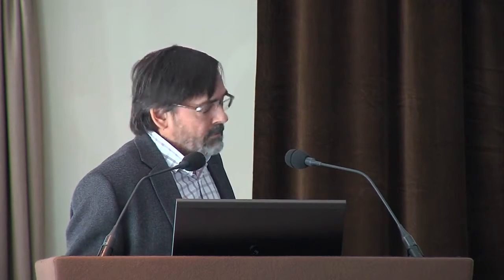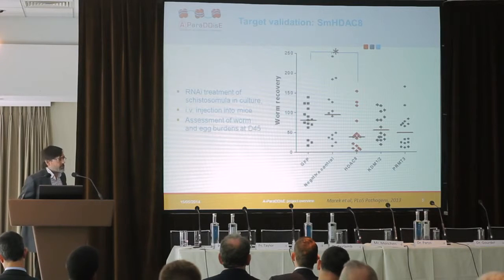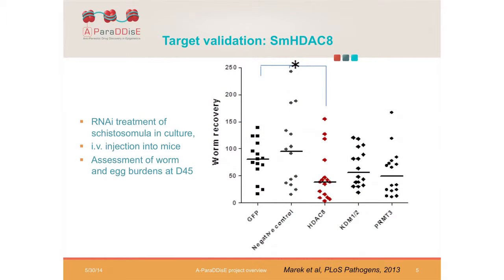And so we did what we could do in schistosomes to look at transcript knockdown. We can't actually do gene knockdowns in schistosomes, not targeted gene knockdowns for the moment. So we can use RNAi. And RNAi on the larval stage, the schistosomula.